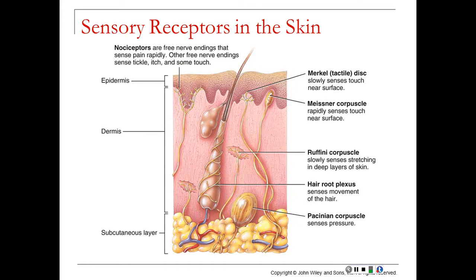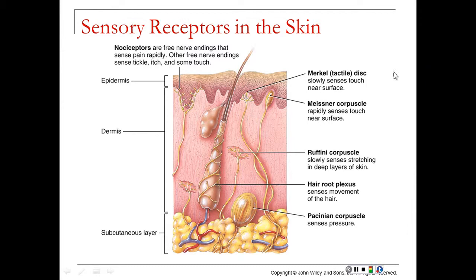There's also Merkel's discs or tactile discs. These are within the epidermis, and they're there to sense light touch. Meissner's corpuscles are a deeper version of those tactile discs, and they sense touch as well. The Ruffini's corpuscles, they sense a stretching of the skin. So if your skin is being pulled or stretched, the Ruffini corpuscles are going to notice that.